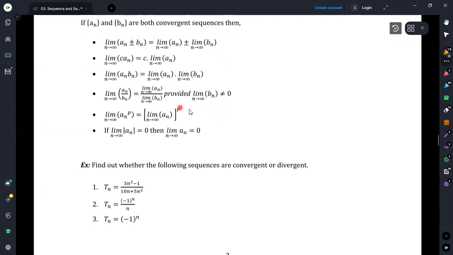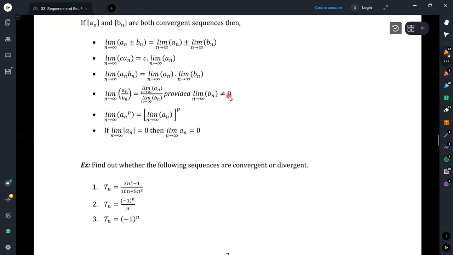But there is another condition: the sequence which is the denominator of the quotient should not be equal to 0. If this value is 0, then we cannot say that the new sequence is a convergent sequence. Therefore, only if the limit of bn as n goes to infinity is not equal to 0, even though it is a finite value, it should not be equal to 0.